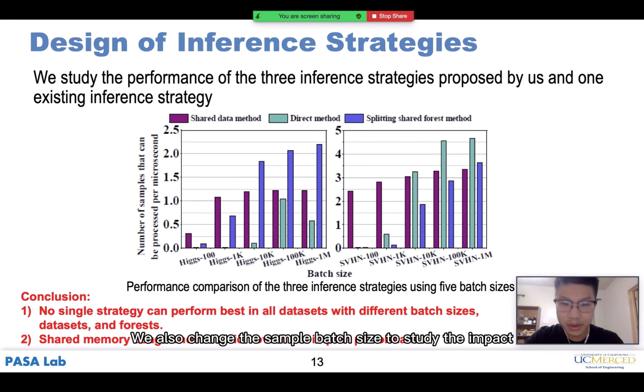We also change the sample batch size to study its impact on performance of the 4 inference structures. For example, for the Hedges dataset, when the batch size is less than 10,000, the shared memory method performs best. Otherwise, the splitting shared forest performs best.